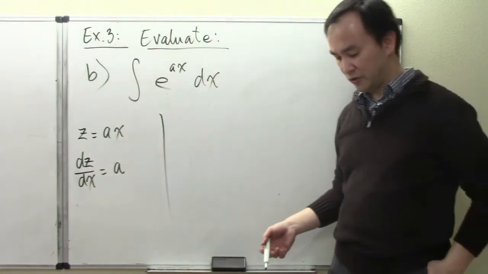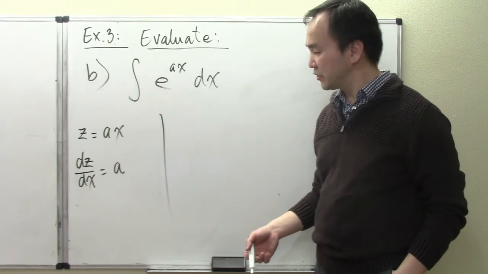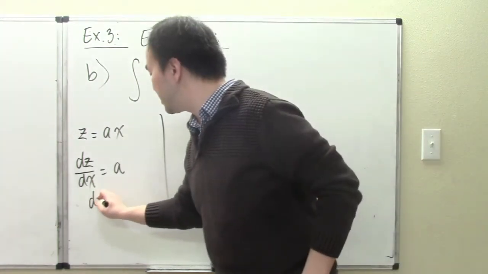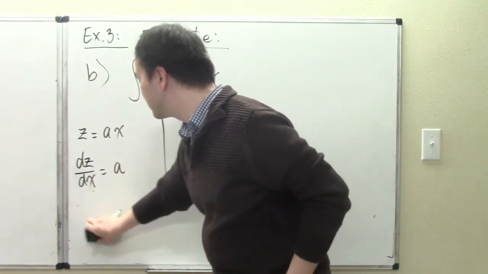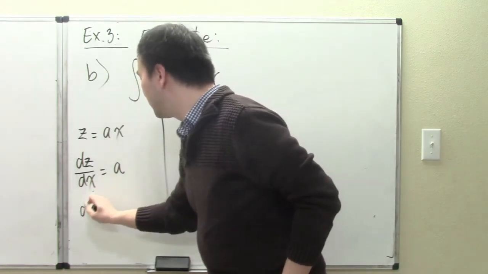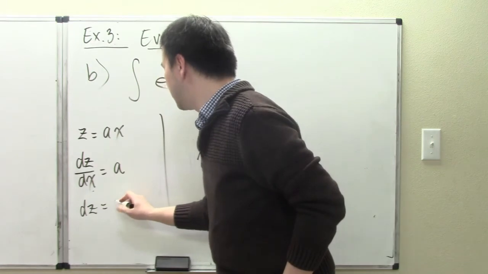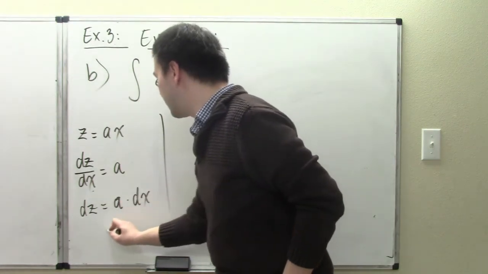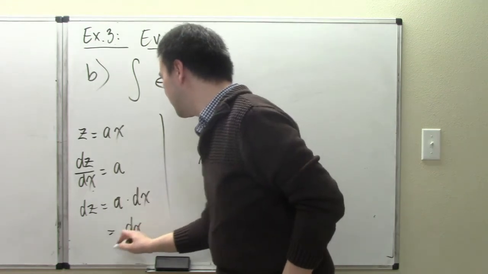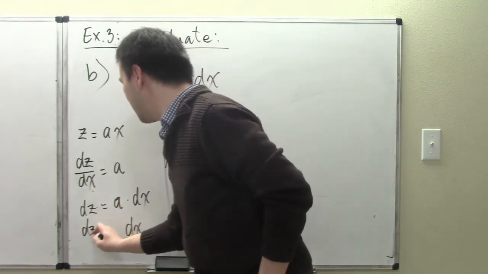Simple derivative rule can land us into that. That means dz will equal a times dx. Or one more step, dx can be expressed as dz over a.